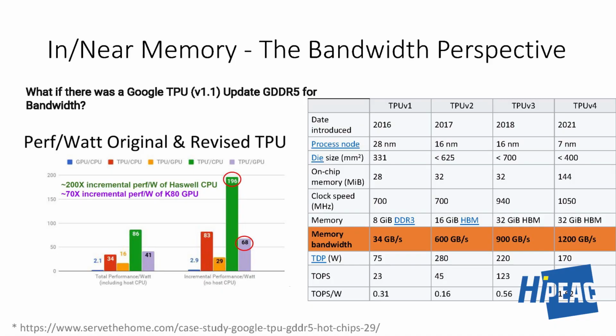Can you explain what this memory bandwidth means? You're saying that they were doing some of the computation in memory? They were not doing computation in memory. What it means is the data transfer rate: how many bytes per second you can transfer between memory and the compute is the memory bandwidth.